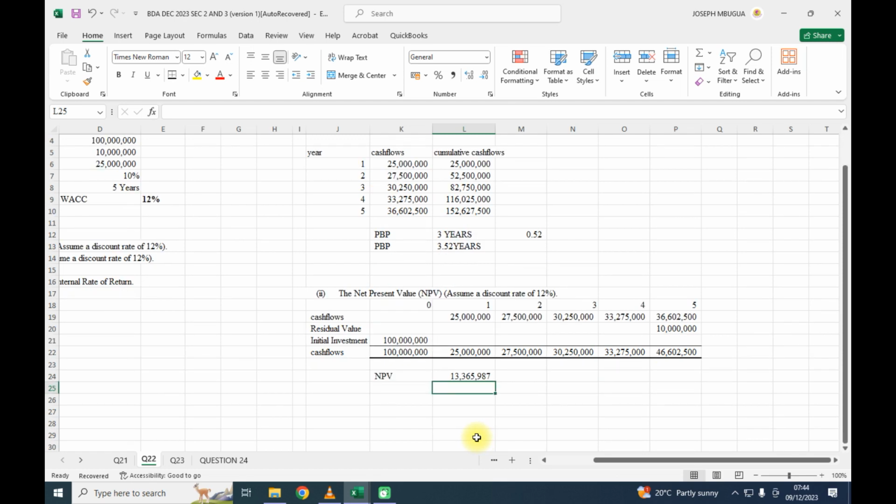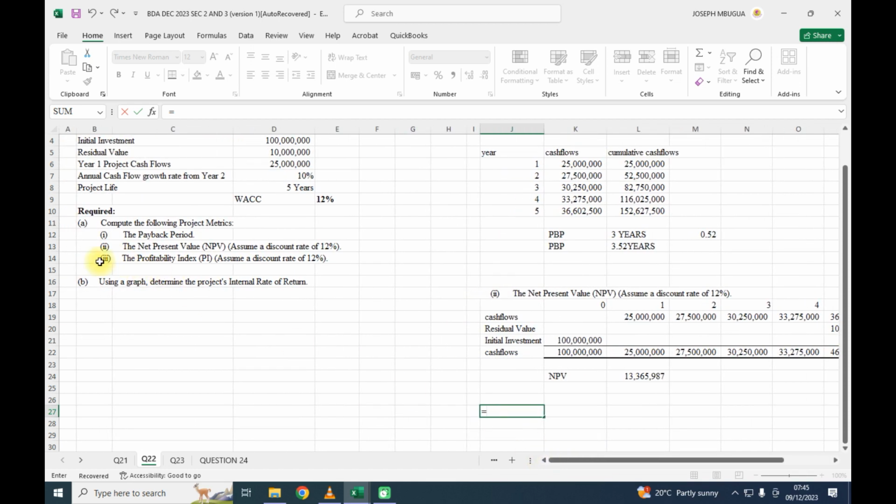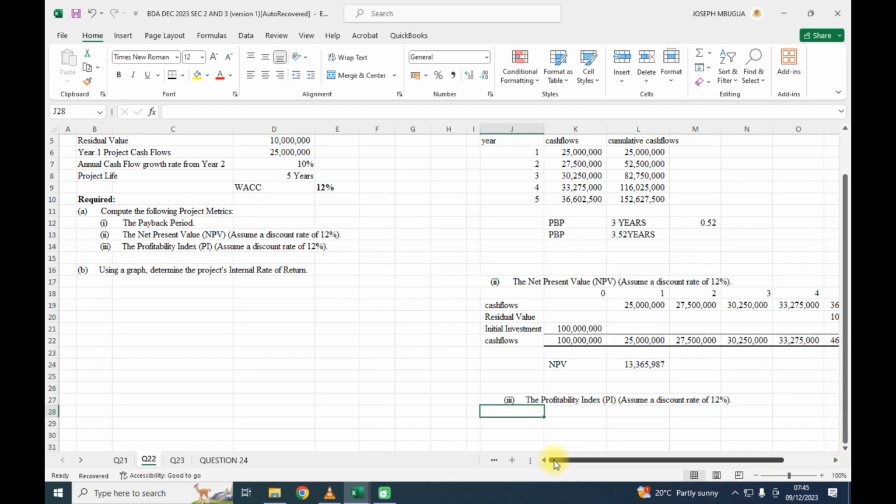So that is number 2. Number 3, we need to get the profitability index, PI.